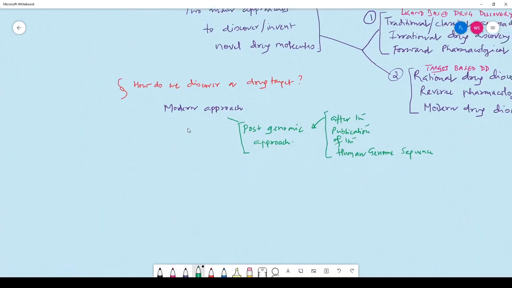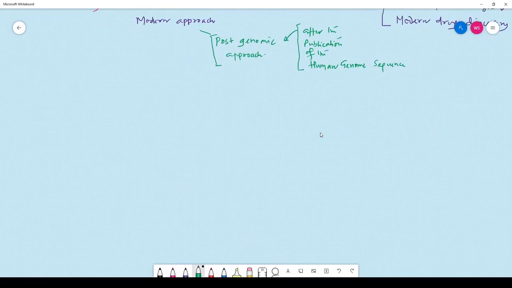So there are many modern approaches, but we will try to explore it with the help of an example. Let us consider a case of maybe cancer. So imagine there are two friends, friend 1 and friend 2.